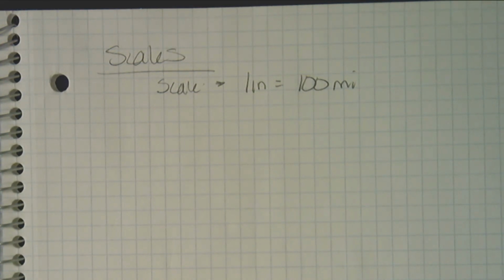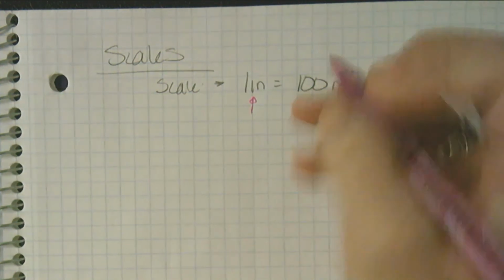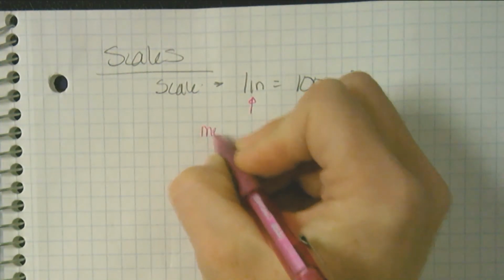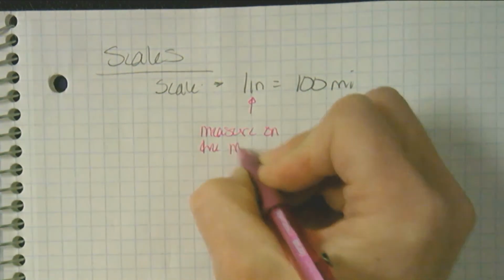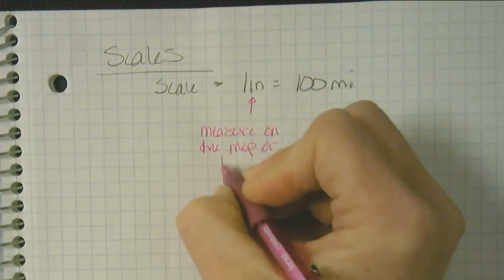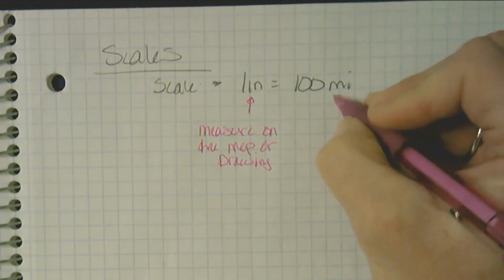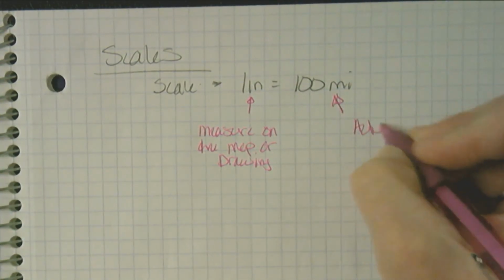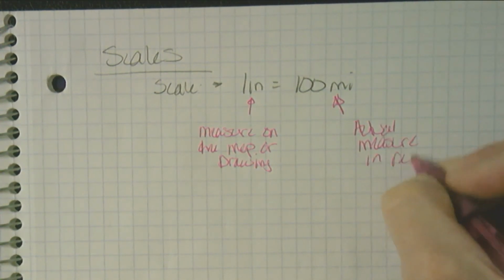So what a scale is made up of, just to remind you, a scale is made up of that 1 inch is a measure on the map or drawing, because we use these for drawings as well. And the 100 is our actual measure in real life.